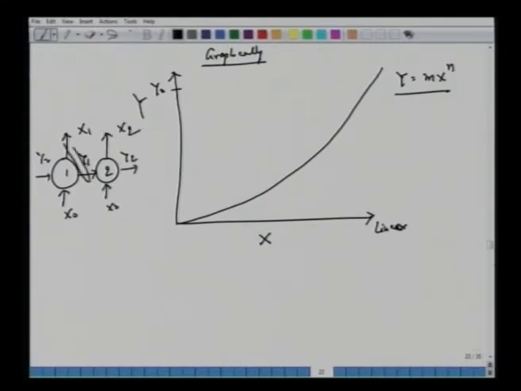Two are in equilibrium, two are in equilibrium. y0 is known to us, y2 is known to us, x0 is known to us, x2 we can find out from this equilibrium. x1 is not known to us, nor y1, nor do we have the values of GS1 and GS2.